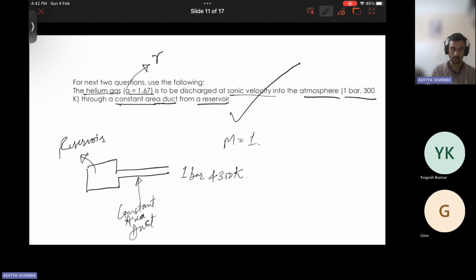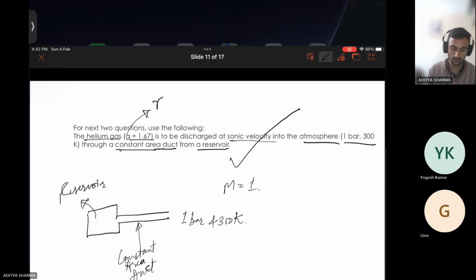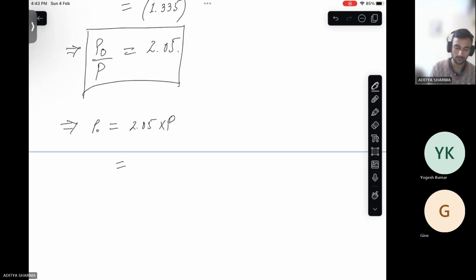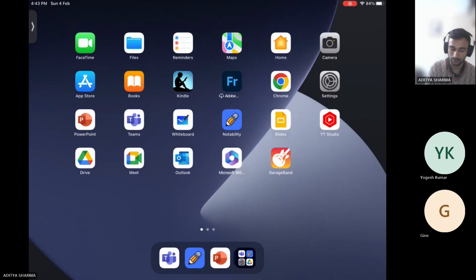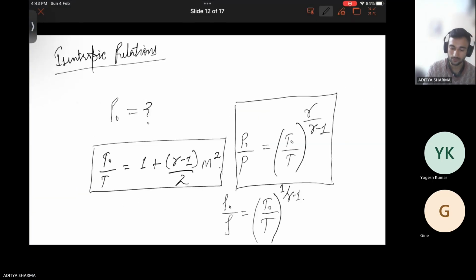This means P naught is 2.05 into 1 bar. So this is our answer.